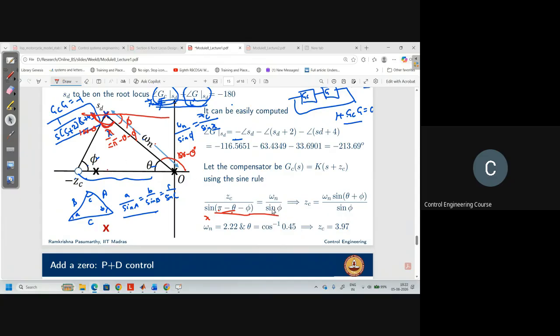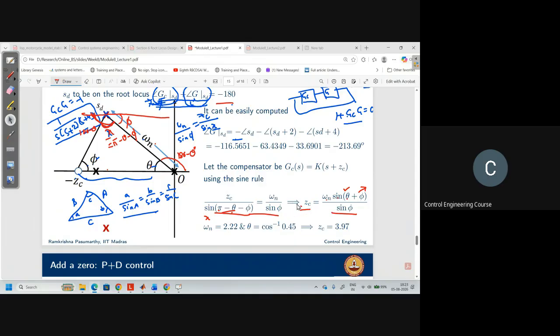So ZC is equal to omega_n sine of (theta plus phi) by sine phi. Now we already know theta by using dominant poles, and phi is computed using the angle deficiency condition. Then you can find out ZC.